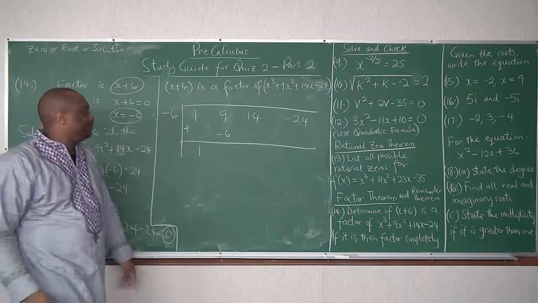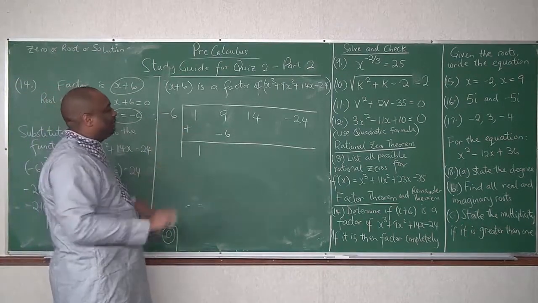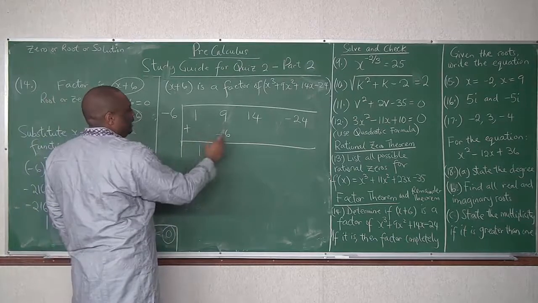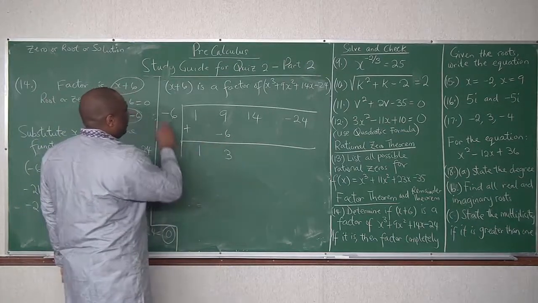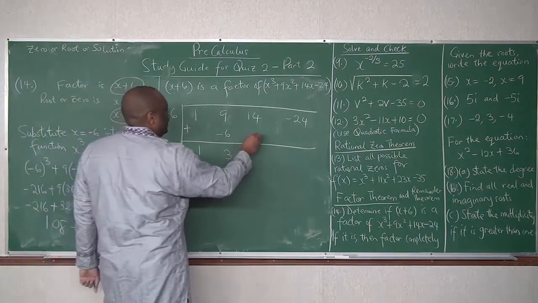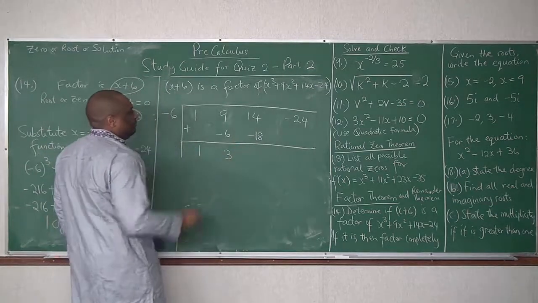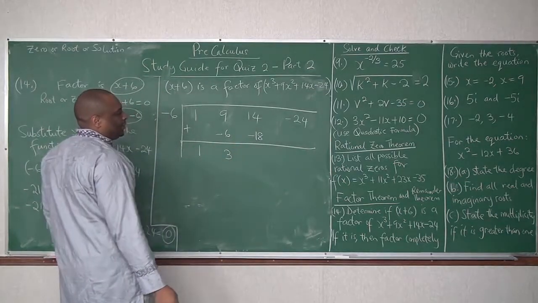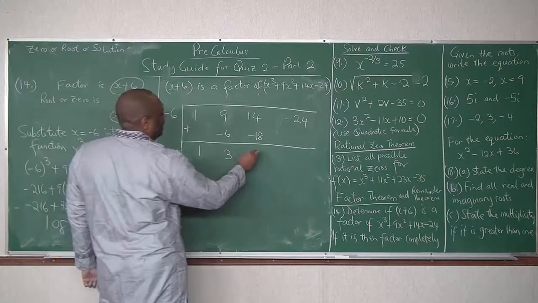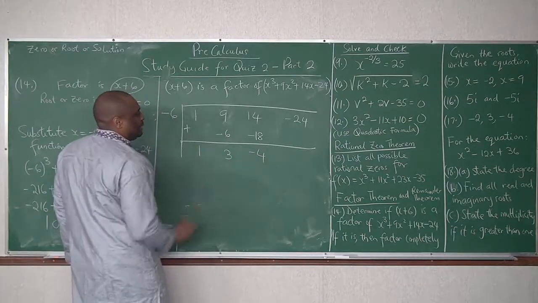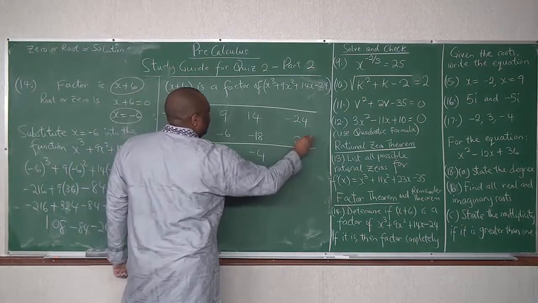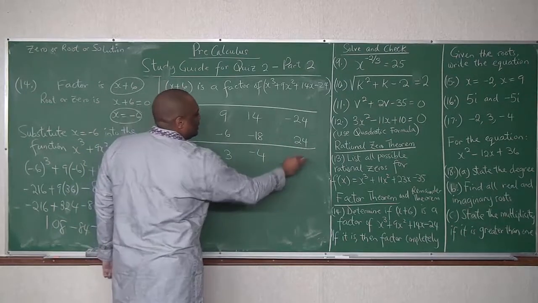I will show you that. So here we are using the 0. Now 9 plus minus 6, 9 minus 6 is 3. Negative 6 times 3 is negative 18. 14 plus minus 18, 14 minus 18 is minus 4. Negative 6 times negative 4 is 24. Negative 24 plus 24 is 0.